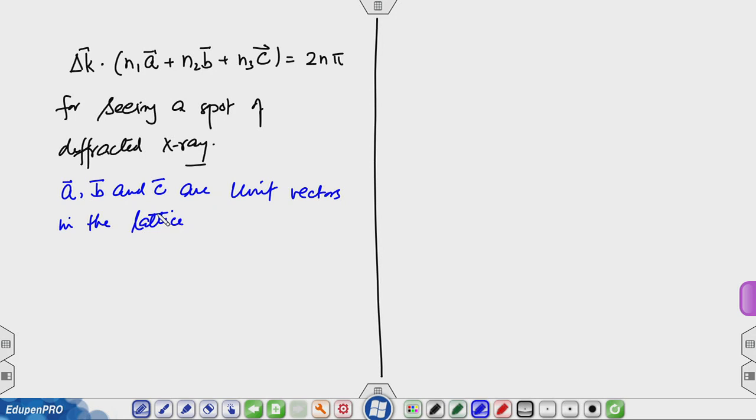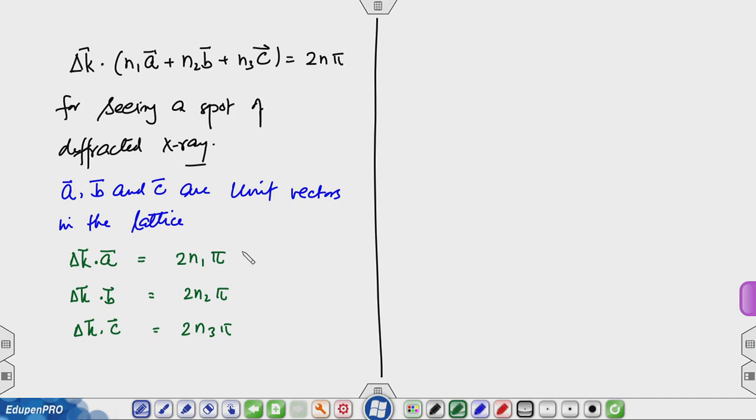So, this can be written as delta k dot a equals 2 n1 pi, delta k dot b equals 2 n2 pi, and delta k dot c equals 2 n3 pi.